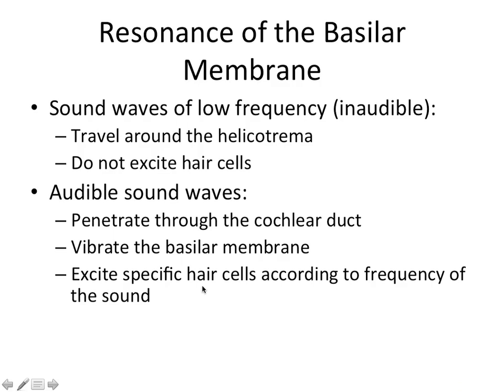Now let's talk about the basilar membrane. As we have mentioned, the basilar membrane can only detect sound between 20 and 20,000 hertz. That means all the air sound outside of this region we cannot hear.